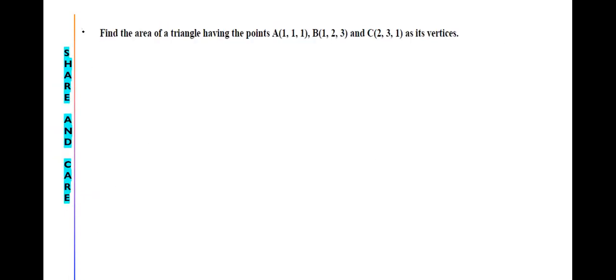Okay, next, question number 8. Find the area of a triangle having the points A, B, C as its vertices.